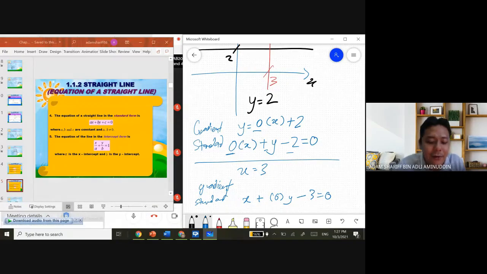But in the gradient form, there is no y, right? Hence, not all straight lines can be represented accurately in the gradient form. So basically, if x equals to 3, the value of the gradient is undefined there.